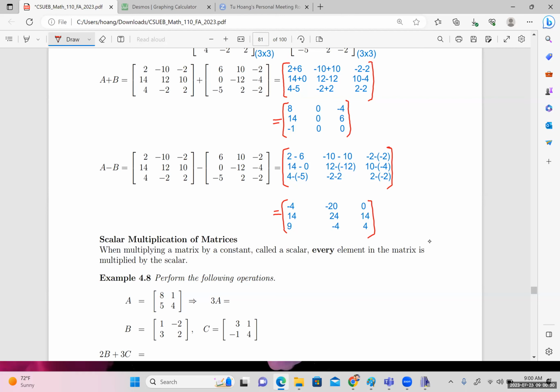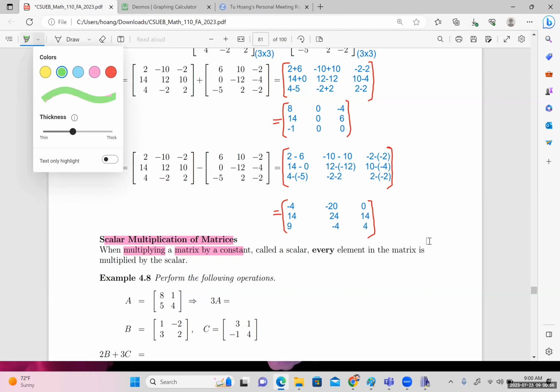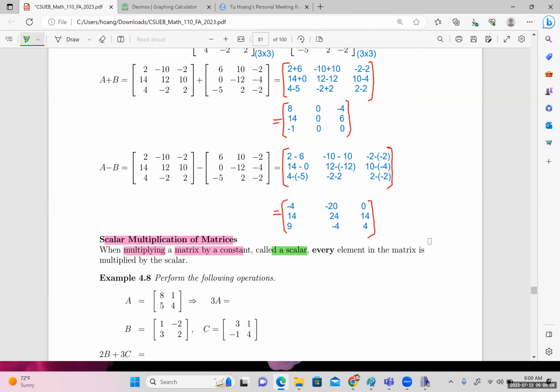So sometimes you want to think about multiplication. So we did have addition, subtraction, and you want to say multiplication of a matrix with a constant or a scalar. So we call it scalar multiplication with a matrix, right? And when you multiply a matrix with a constant, you call it a scalar, and every element in the matrix is multiplied by the scalar.